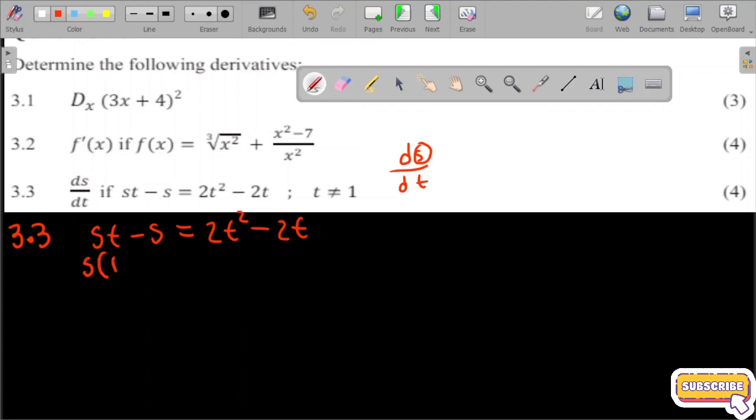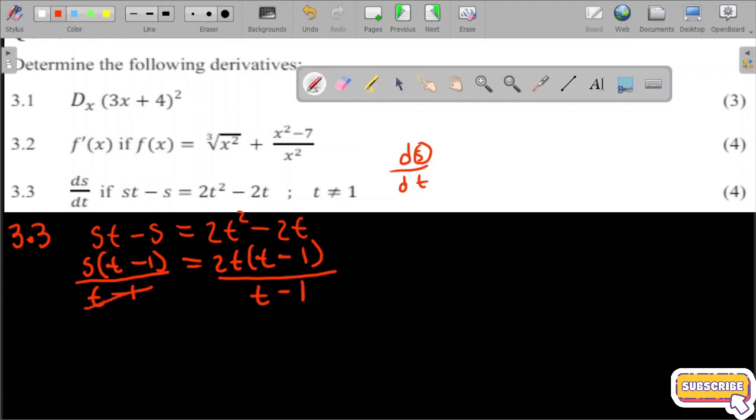So s into, now I'm going to be left with t minus 1, and then equals, here I also have a common factor of 2t, and then I'm going to be left with 1 and then minus 1. And then remember, I'm making s the subject, so I'm going to divide by t minus 1, and I divide by t minus 1. So this t cancels this t, then I'm left with s, and also the t on the side cancels, so I'm having 2t.